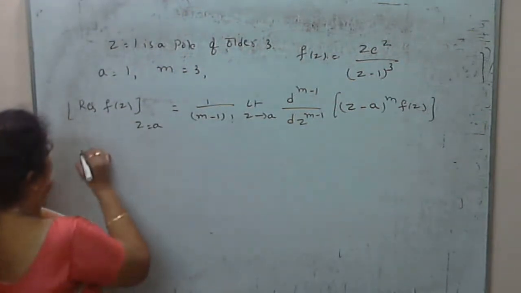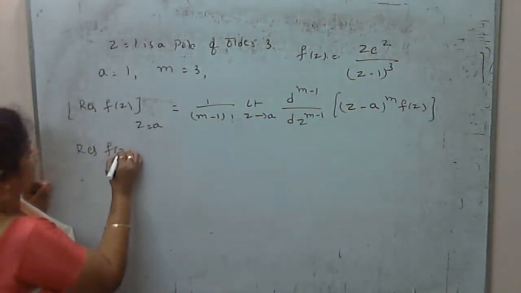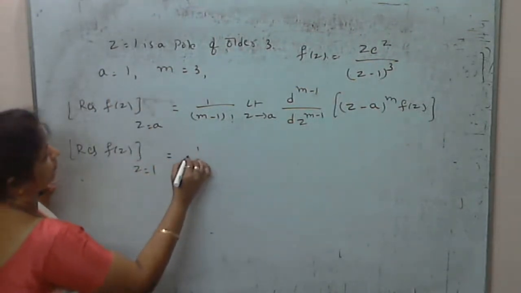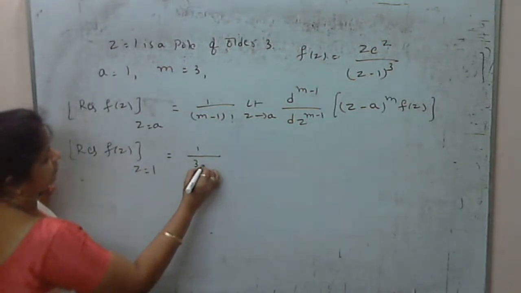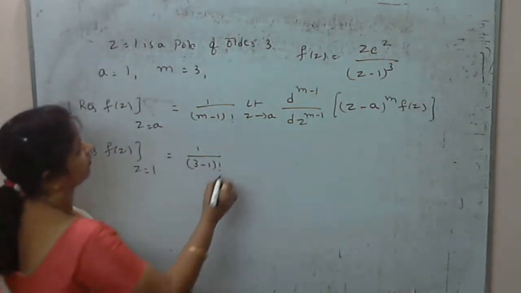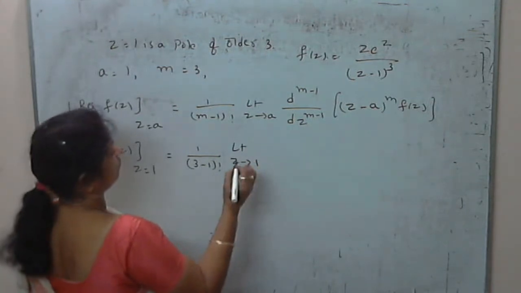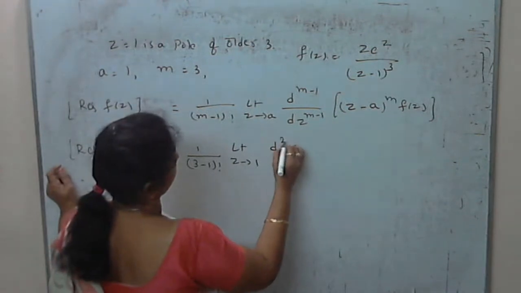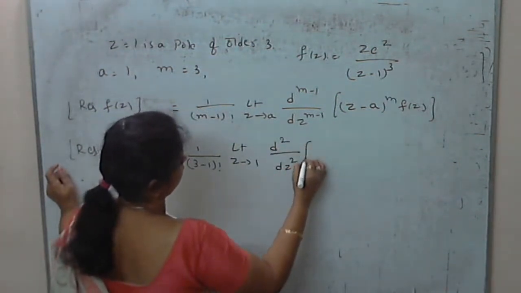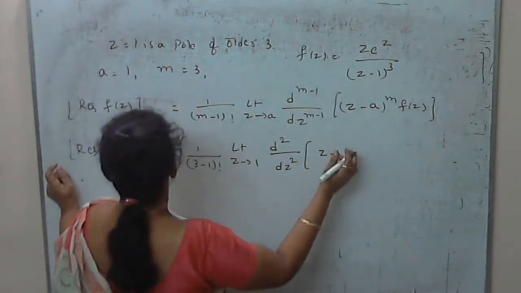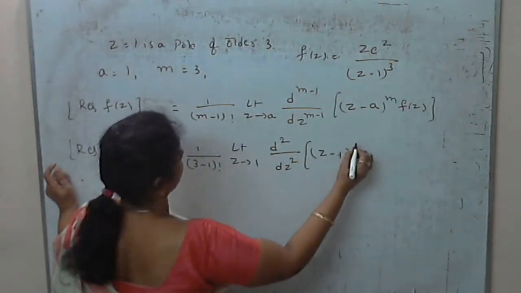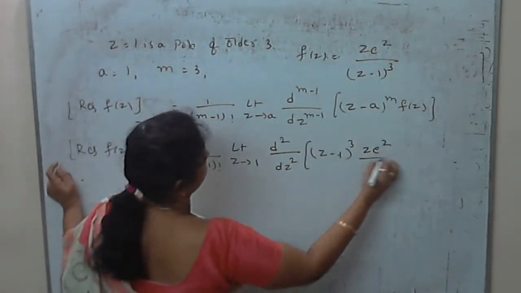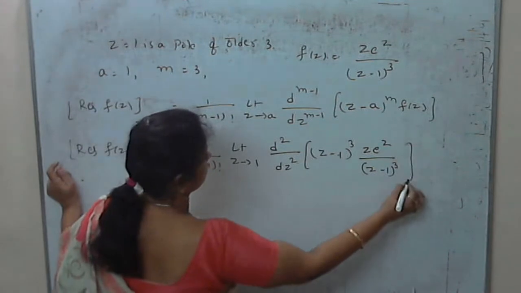So using this formula, residue of f of z at z equal to a, here a is 1, is 1 by (3 minus 1) factorial, limit z tends to 1, d power 3 minus 1, that is d square by dz square of (z minus 1) whole power 3 times f of z, z e power z by (z minus 1) whole cube.